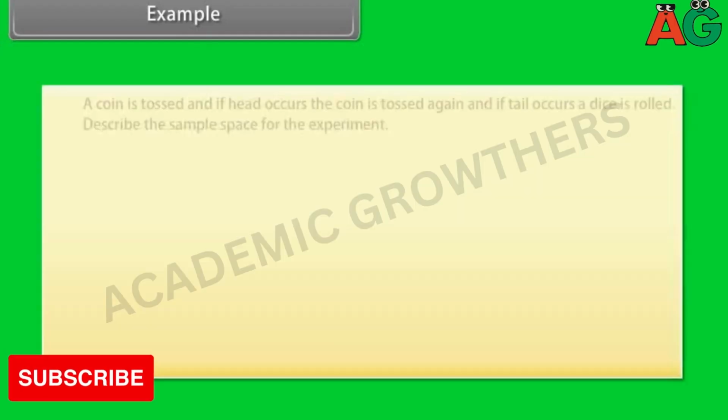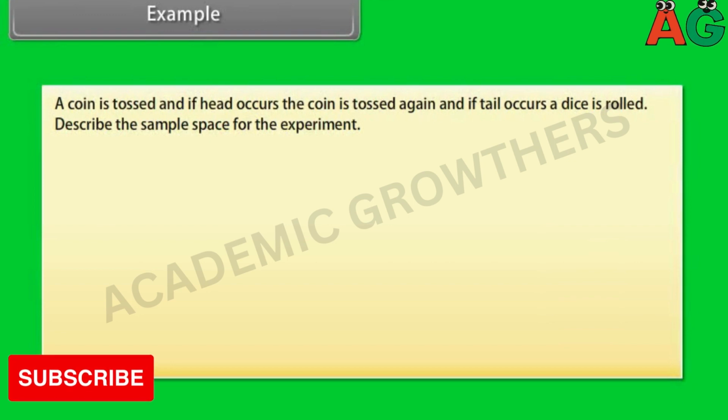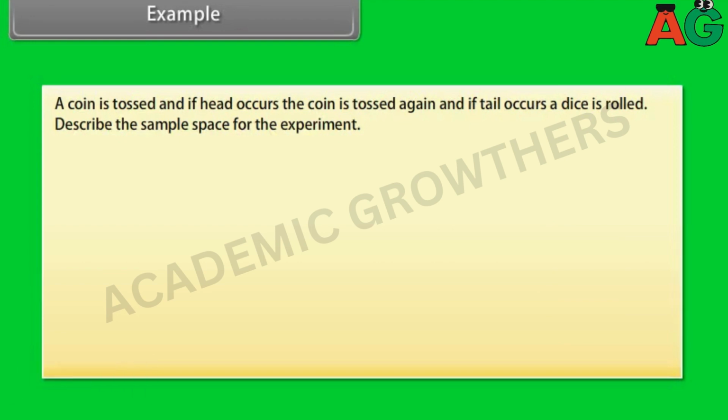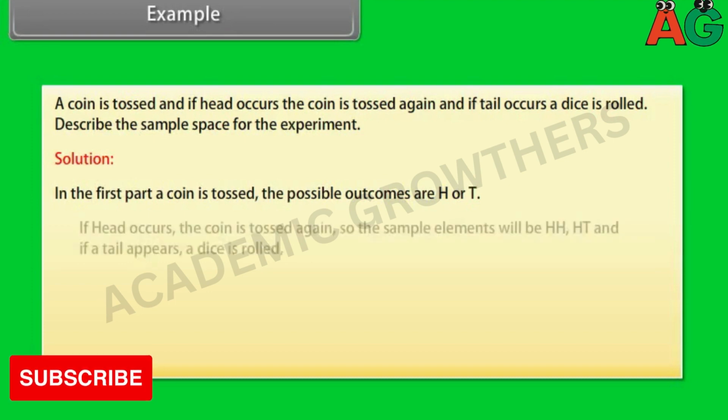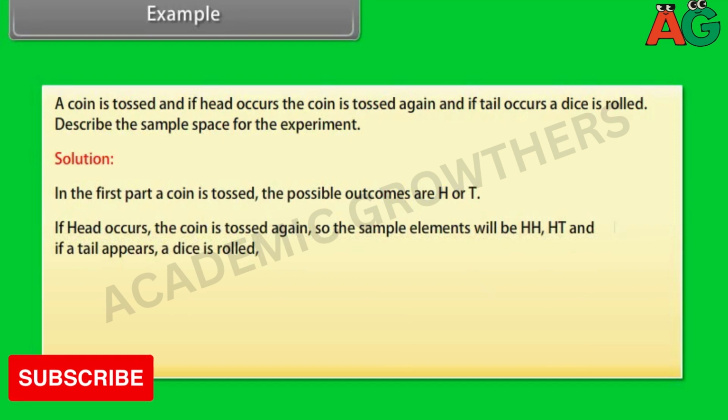Example. A coin is tossed, and if head occurs, the coin is tossed again, and if tail occurs, a dice is rolled. Describe the sample space of the experiment. Solution. In the first part, a coin is tossed. The possible outcomes are head or tail. If head occurs, the coin is tossed again, so the sample elements will be HH, HT.